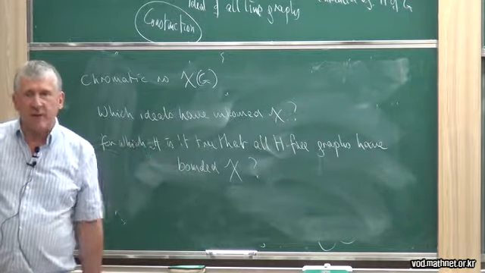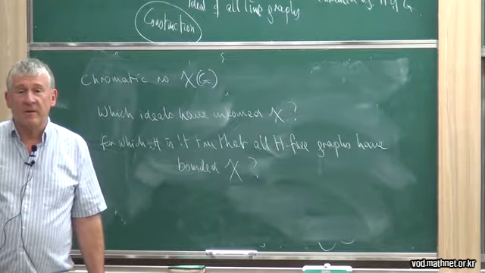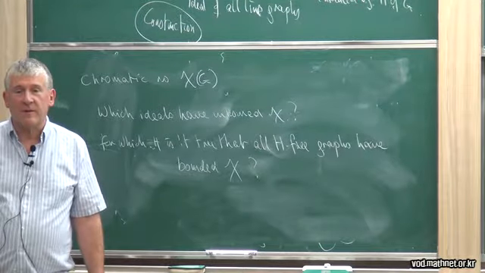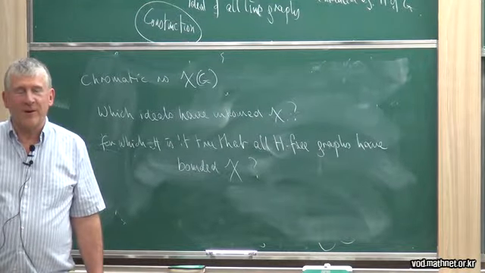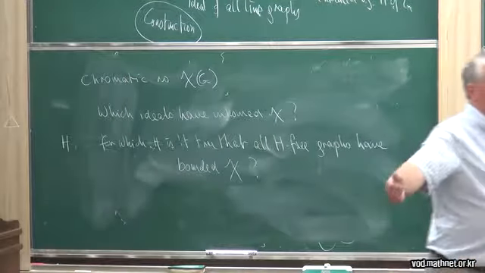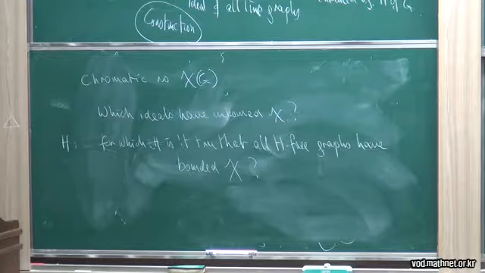So that tells me something about H. What's the most obvious graph that's got big chromatic number? Big clique. So if I hope that every graph that doesn't contain H has small chromatic number, then big cliques have to contain H, which means H has to be a clique.